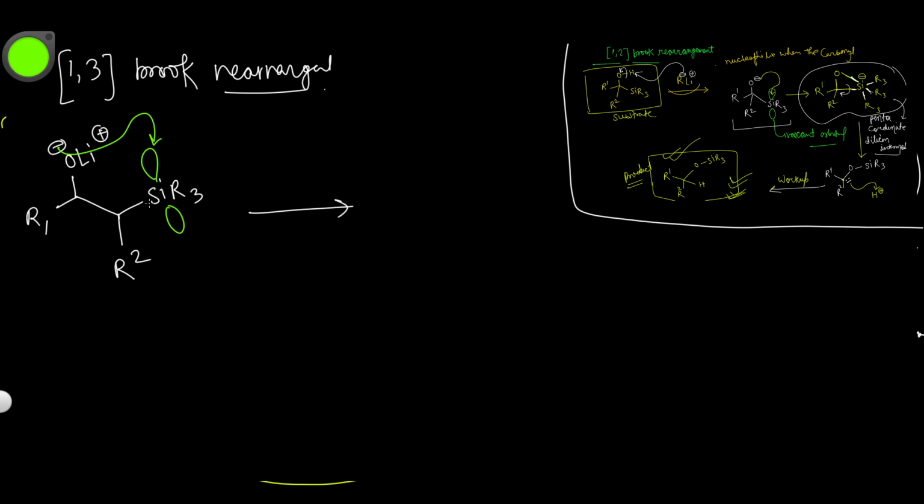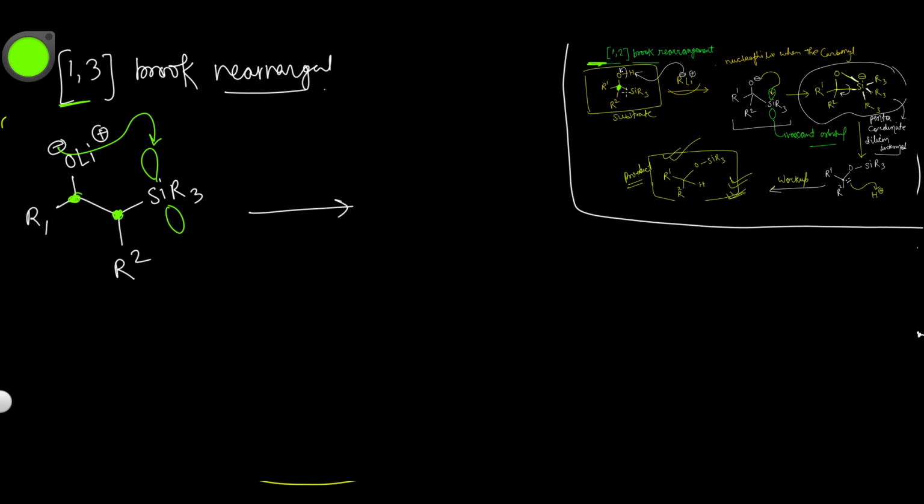Yes, you can see now what is the difference between the 1,2 and 1,3. So the main basic difference is carbon difference. Okay, here are 2 carbons between this OLi and this SiR3. This carbon, this carbon. This is a 1,3. But in the case of a 1,2, it is only one carbon.